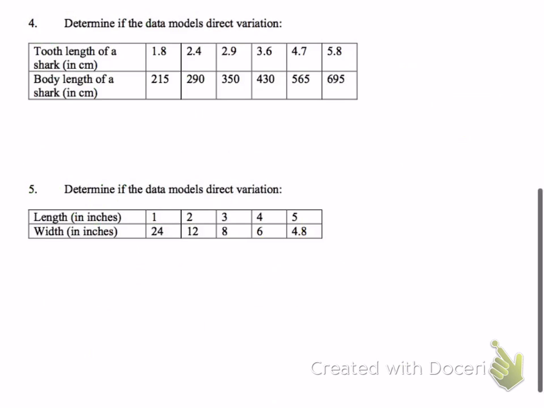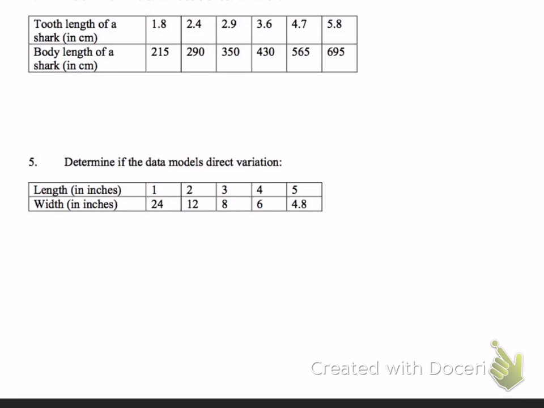So when you have a chart like this and it asks you to determine if it models a direct variation, you are checking the proportion of y over x. So for all of these, I'm going to take my y value and I'm going to divide by my x value. So a equals y over x.